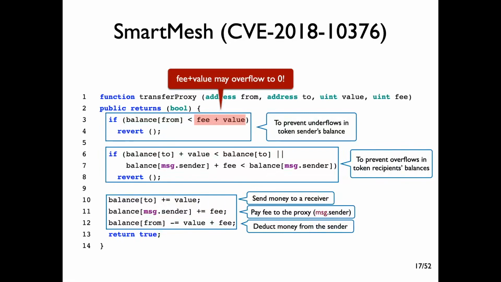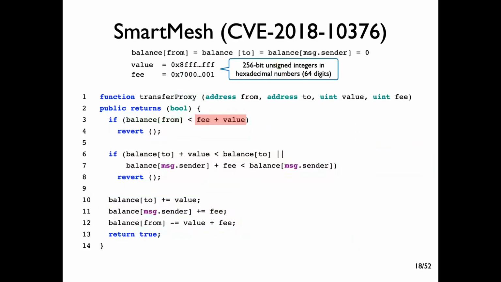Specifically, the first and the second guard statements can be easily bypassed with crafted arguments that make fee plus value 0. For example, suppose all accounts have 0 balances, and the transaction sender invokes this function with the inputs in the slide. The inputs are represented in hexadecimal numbers.